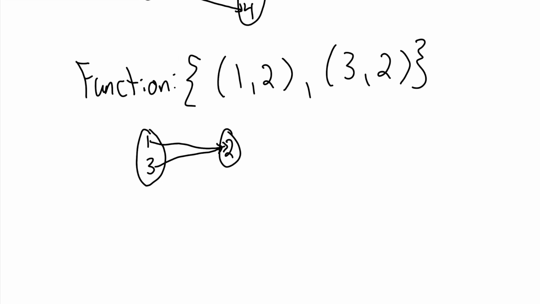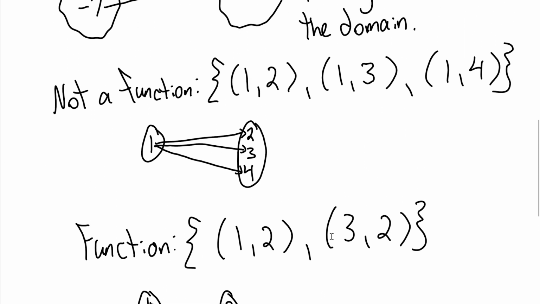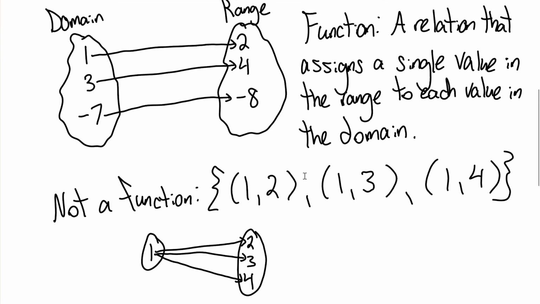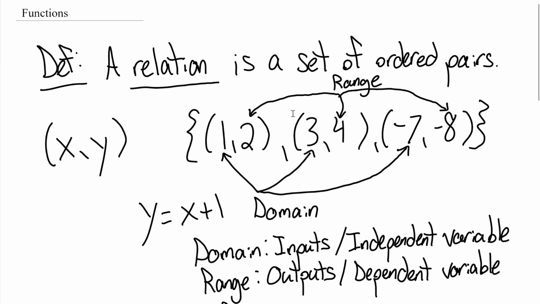Now, when we just have a set of ordered pairs, a finite set of ordered pairs, like we have here in this original example, it's easy enough to tell if something's a function because we can just look for repeated inputs. When we have it defined as an equation, it can be a little more challenging to determine if something is a function.